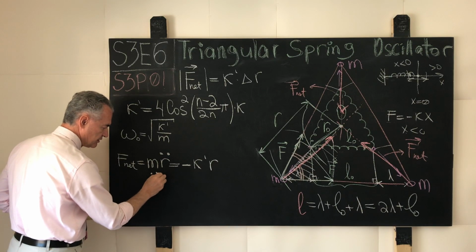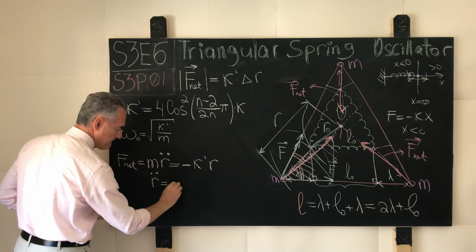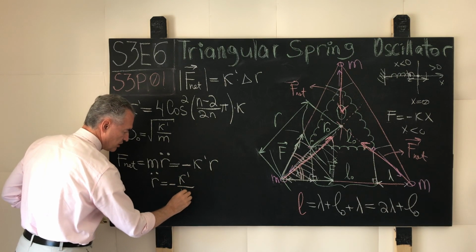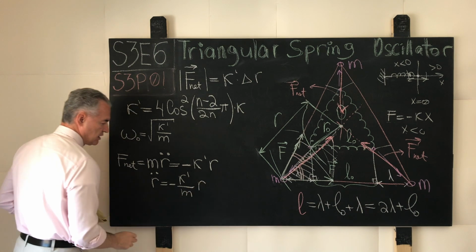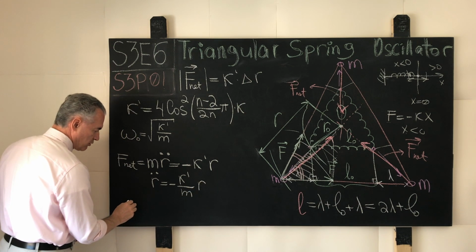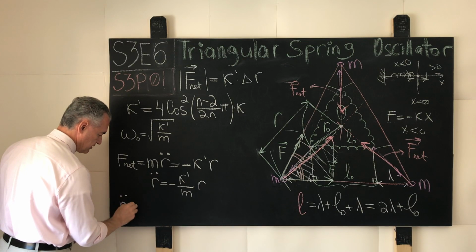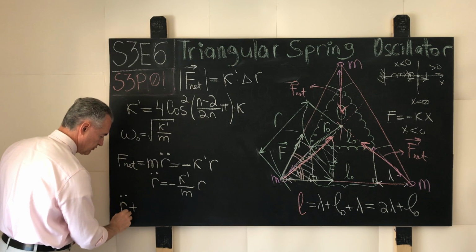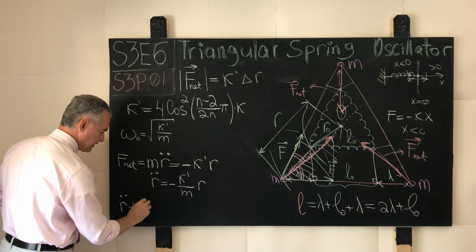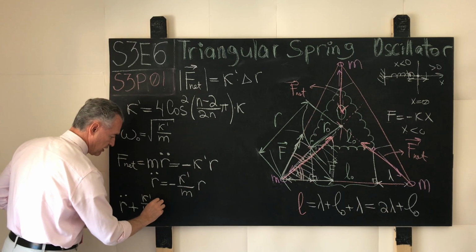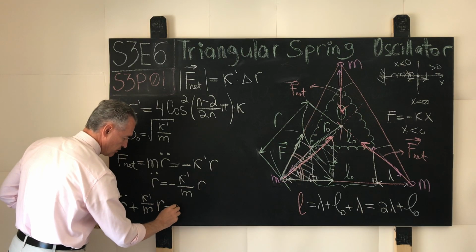R double dot is equal to minus K prime over M times R. In some other textbooks, you will see R double dot plus K prime over M times R equal to 0.